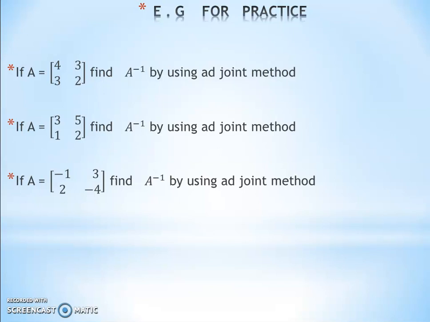Both ways you can use A11, A12, A21, A22, or the better way is A, B, C, D. The A inverse is equal to 1 upon D, then D, minus B, minus C, A. That is the overall pattern used to solve examples of A inverse defined by the adjoint method.